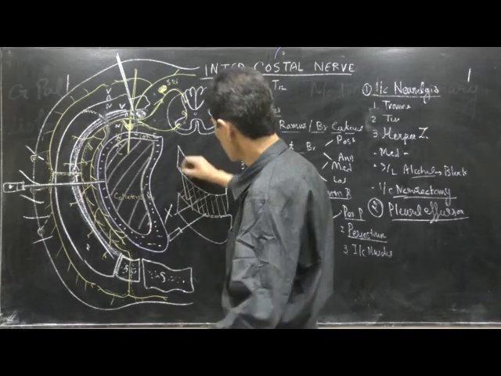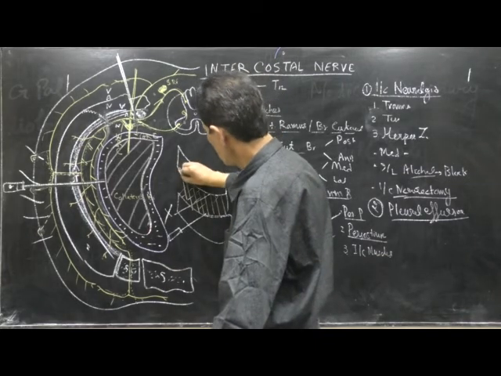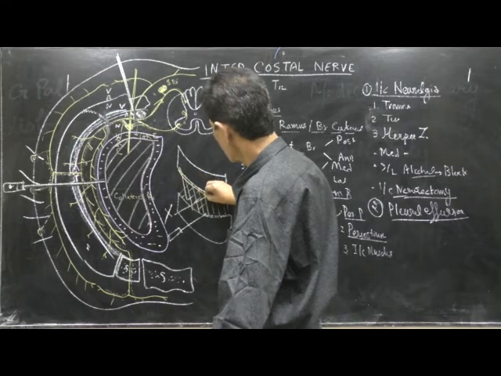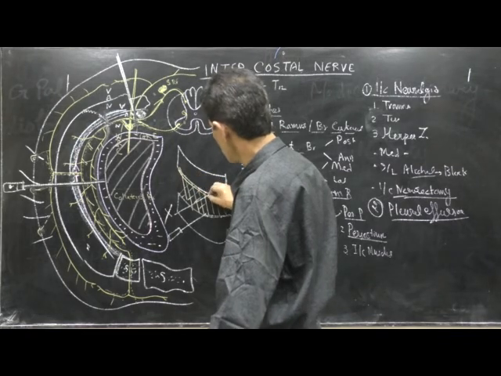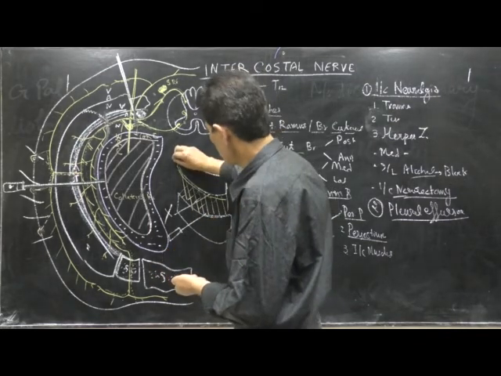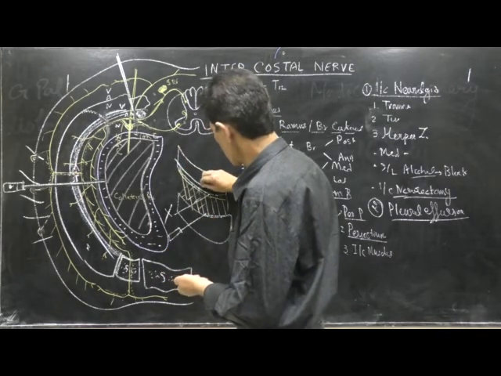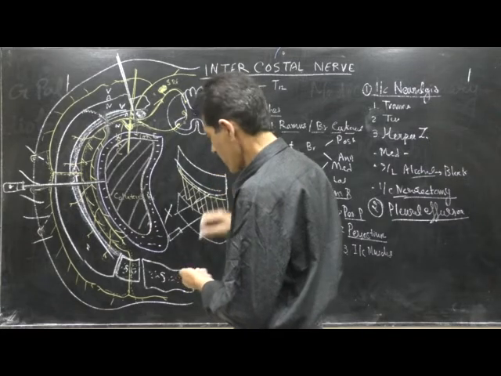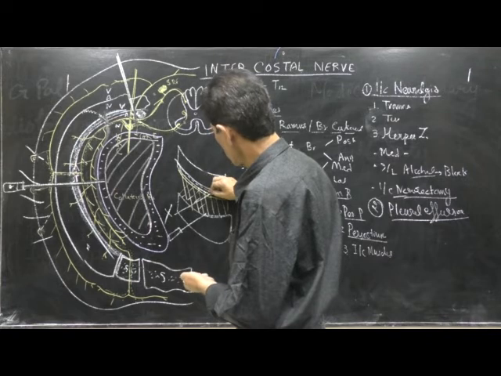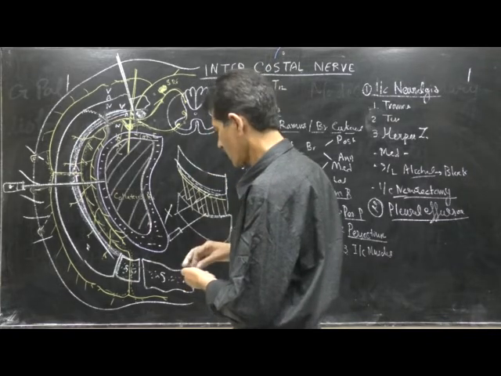Why? Because we know in the costal groove, the lowermost position of the content is the intercostal nerve. As you know, there is a VAN relationship. So the intercostal vein runs in the upper part, then comes the intercostal artery, and the lowermost is the intercostal nerve.